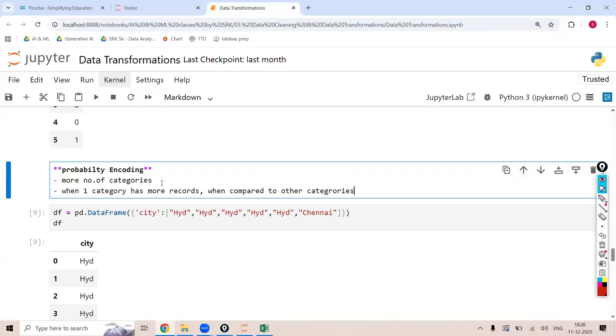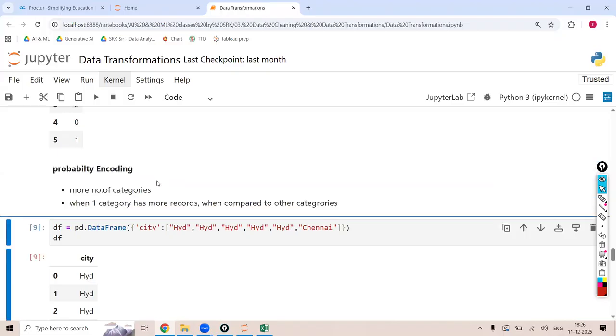In that case only, go with probability encoding. Condition is that a large number of categories is compulsory. For a small number of categories, don't go with probability encoding.